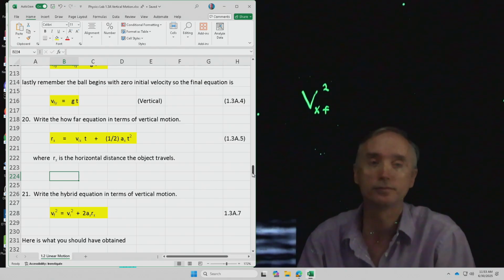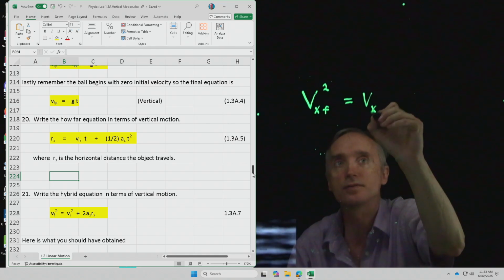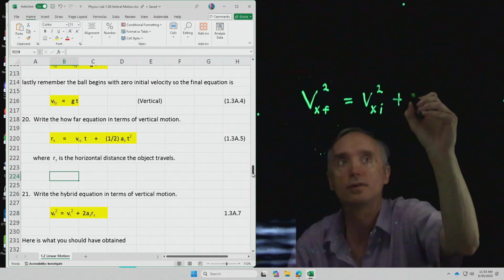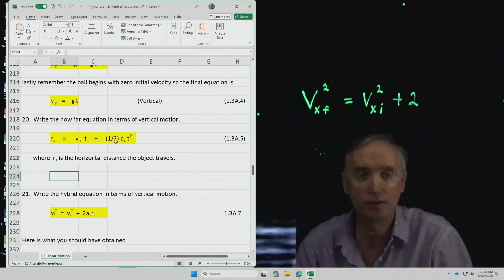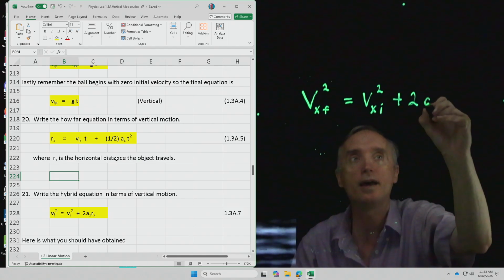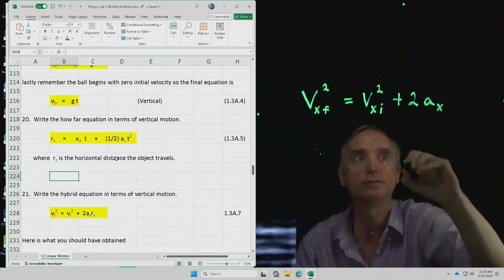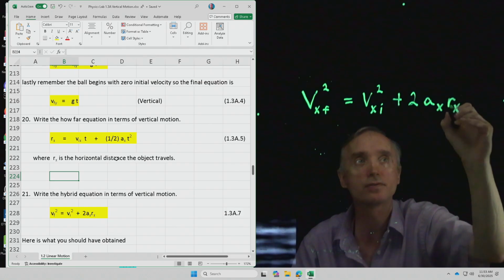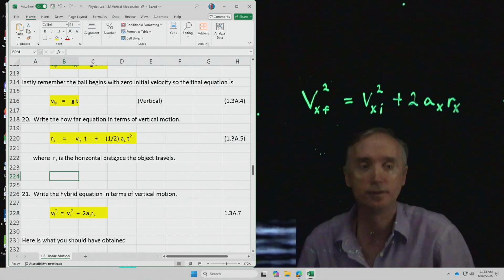Make sure and square it, and then that's going to be equal to the X initial squared, plus 2. It's important to put that 2 in there. That 2 is in there for the same reason that this thing up here has a 1/2. And then it's going to be A, and that A would be in the X direction, and then the distance that it travels in the X direction. So that's the hybrid equation.